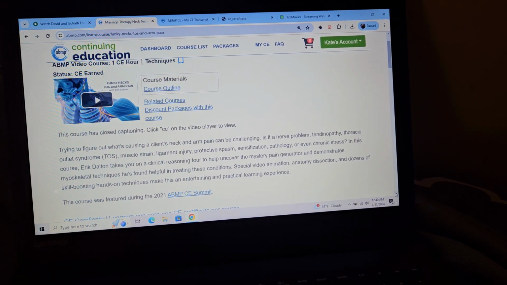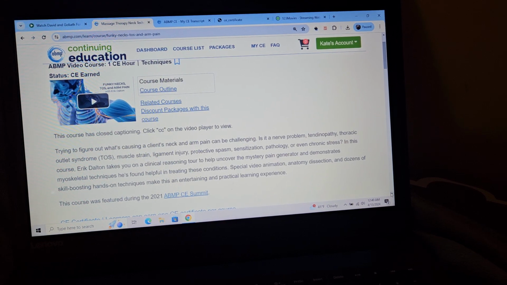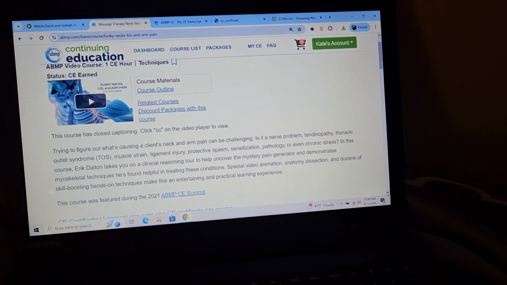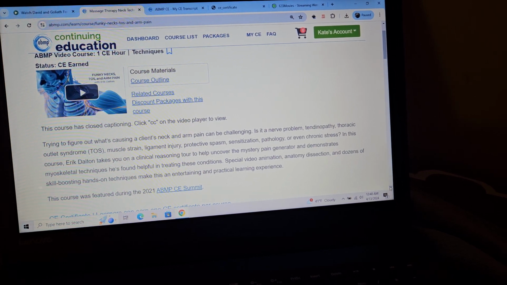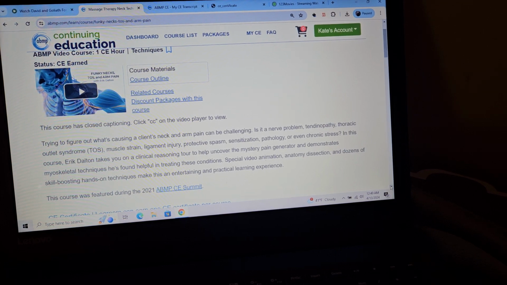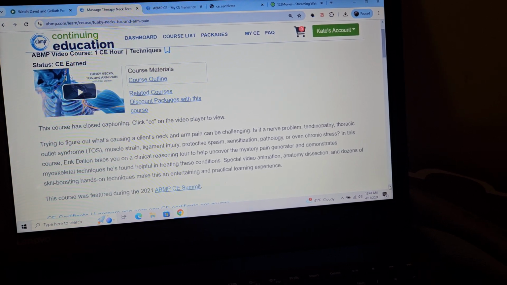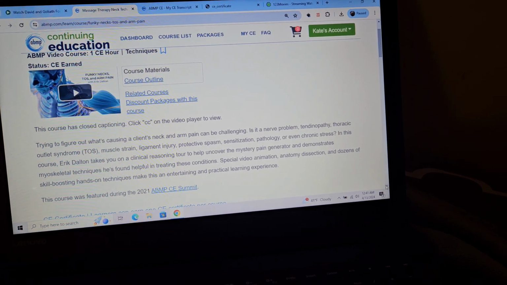So trying to figure out what's causing a client's neck and arm pain can be challenging. Is it a nerve problem, tendinopathy, thoracic outlet syndrome, muscle strain, ligament injury, protective spasms, sensitization, pathology, or even chronic stress?